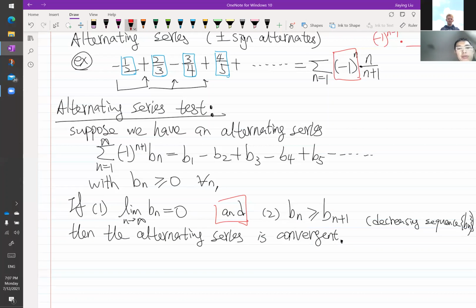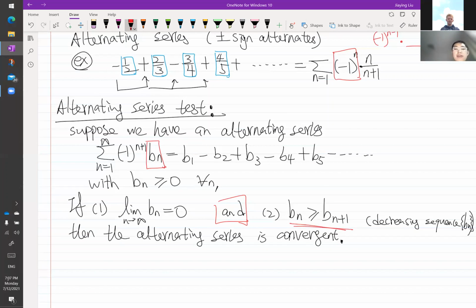Let me try to explain it a little bit. When we have an alternating series, we put aside the -1 raised to the power term. We only look at the bn formula, and we take the limit of bn, and then we try to find out if the sequence bn is decreasing, so whether bn is greater than or equal to bn plus 1.